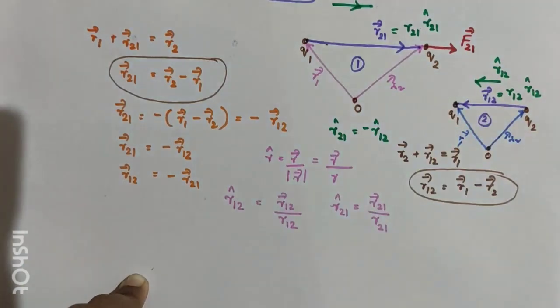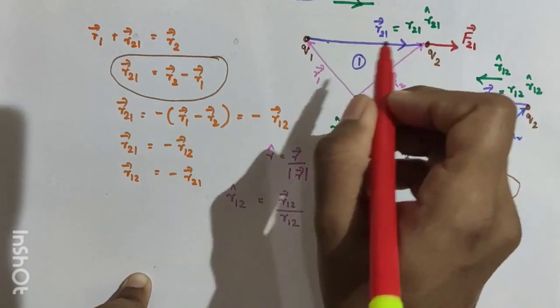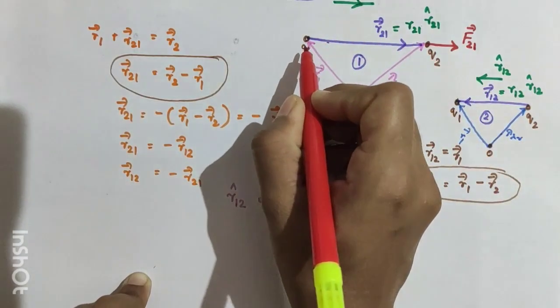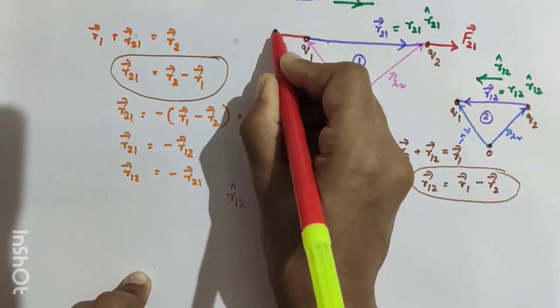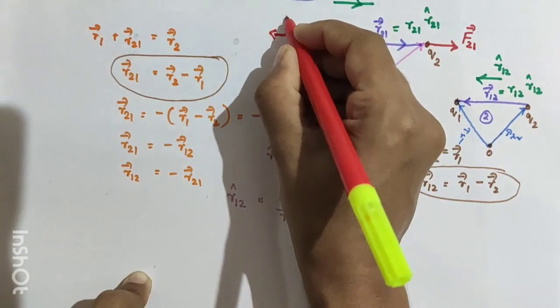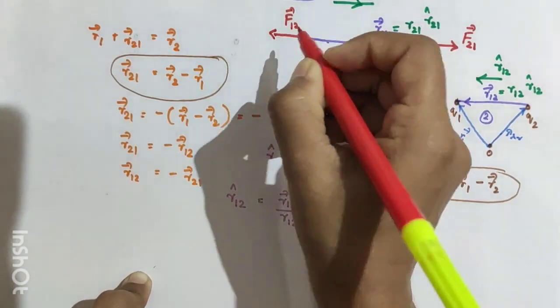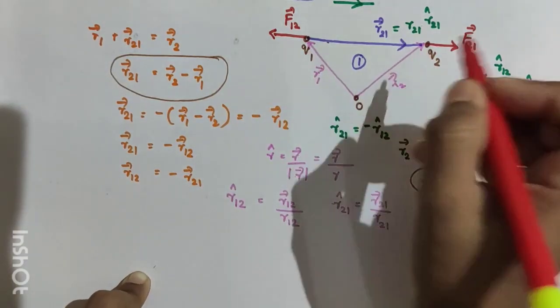Similarly, there is a force on q1 due to q2, because q2 will try to move this charge q1 away from it. So the force on q1 due to q2 will be directed in this direction. I am taking this force as vector F12, where vector F12 is the force on q1 due to q2.